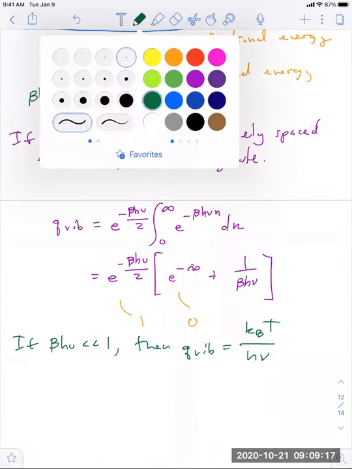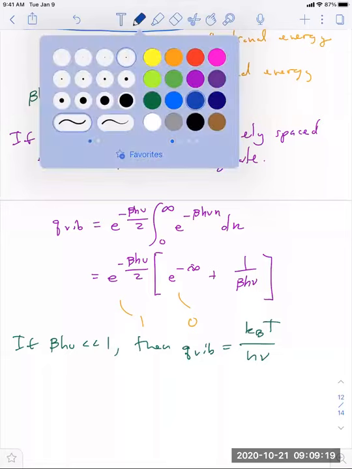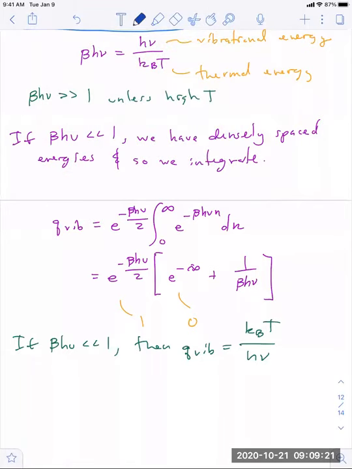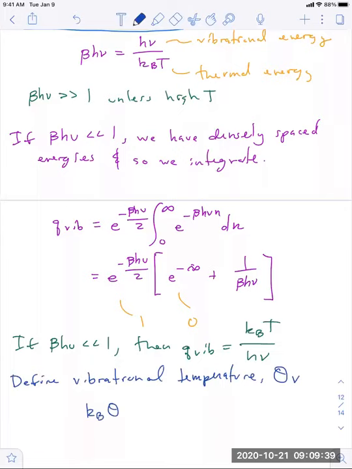To be a little more convenient in handling this relationship between vibrational energy and thermal energy, we define this quantity, the vibrational temperature, theta sub v. So we say that kB times theta sub v equals h nu.